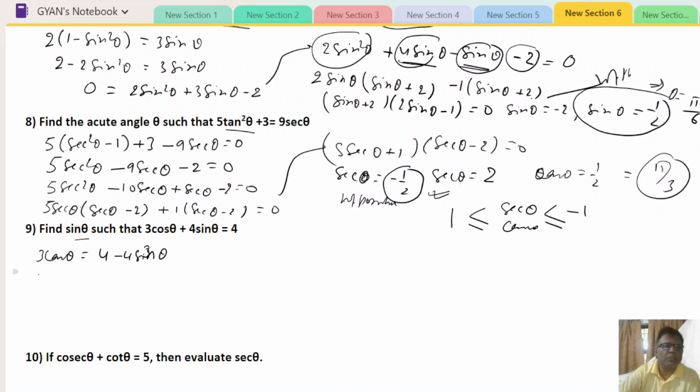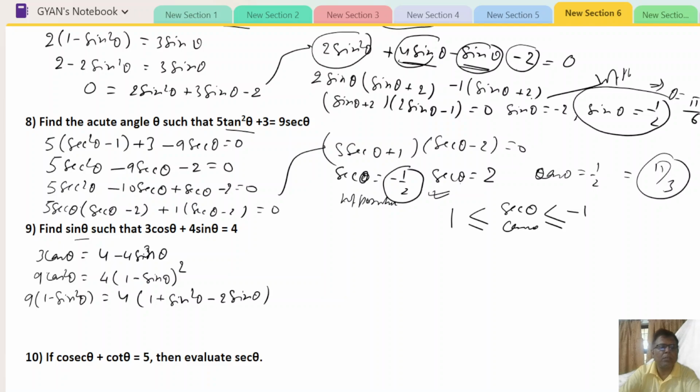So square it. 9 cos square theta is equal to 16 times 1 minus sine theta whole square. So here 9 times 1 minus sine square theta equals 16 times 1 plus sine square theta minus 2 sine theta.